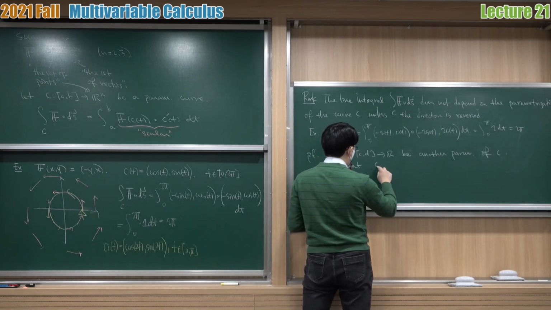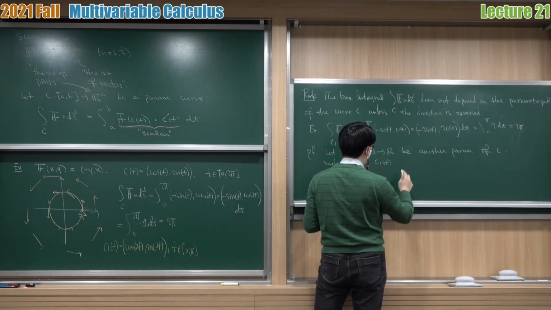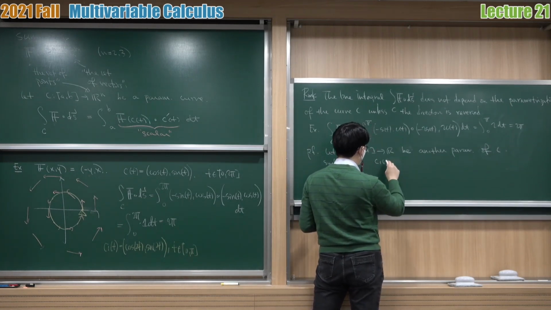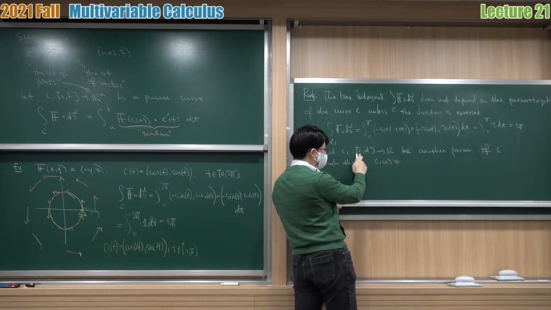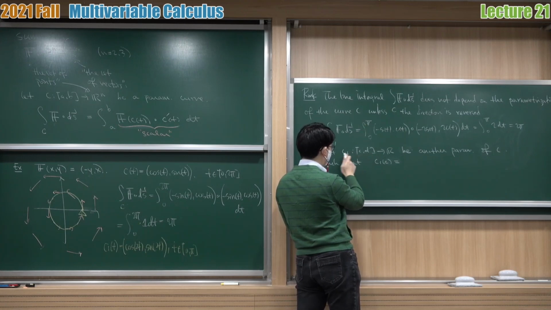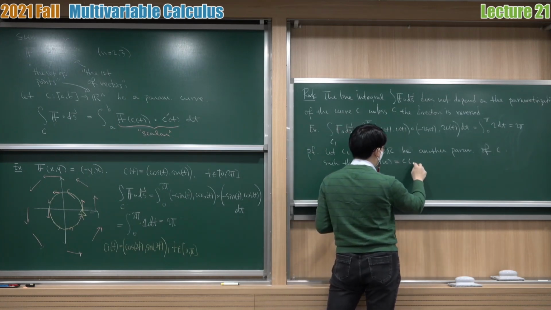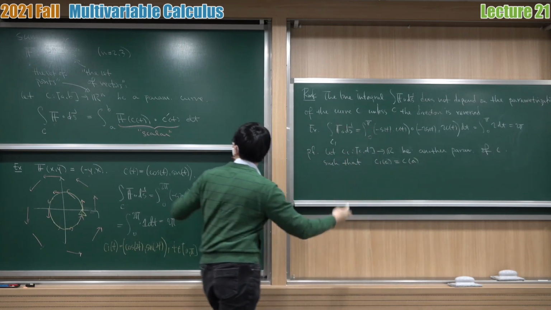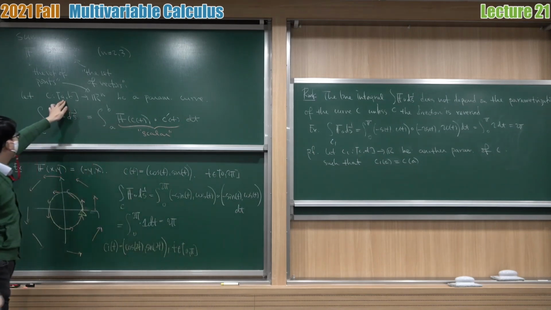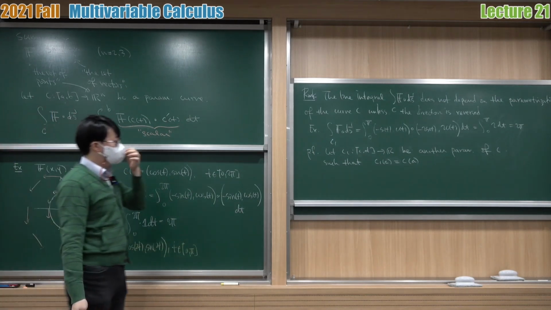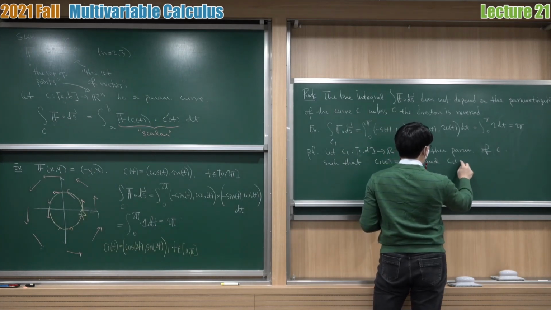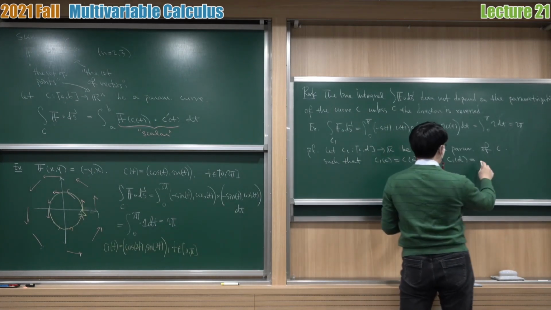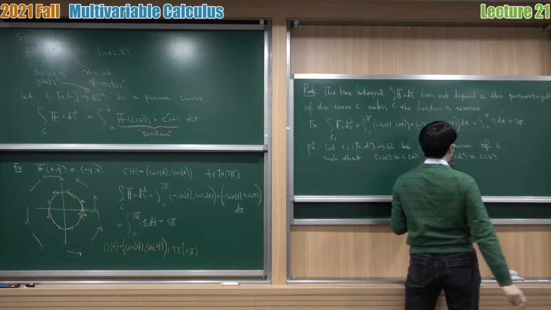So C1 is defined on an interval [C, D], where C is the left end of the interval of C1, and C1(C) equals C(A), where A is the left end of the original parameterization C, and C1(D) equals C(B).